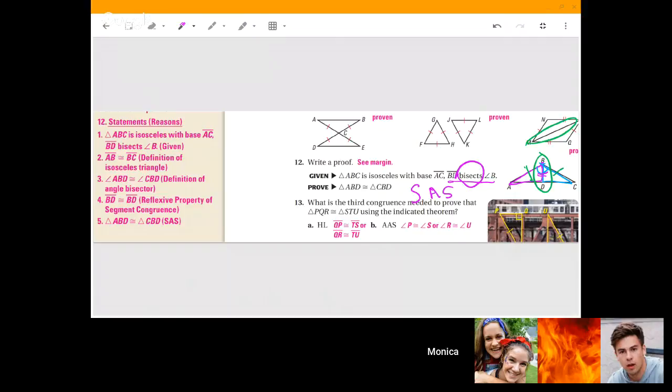And that is the angle that's included between those two sides, correct? So we have proven that those two triangles are congruent to each other by side, angle, side. Does that make sense?